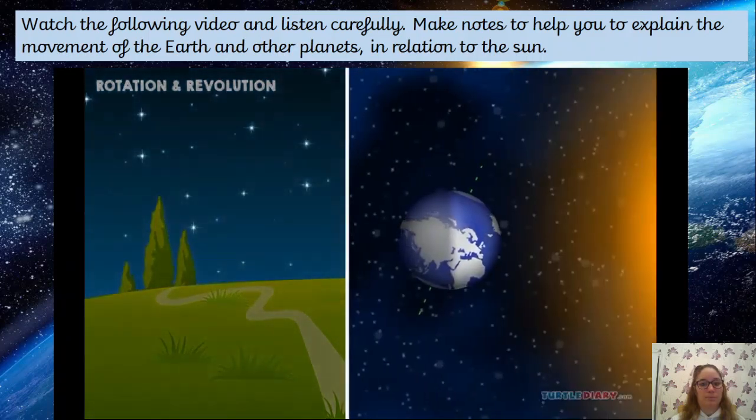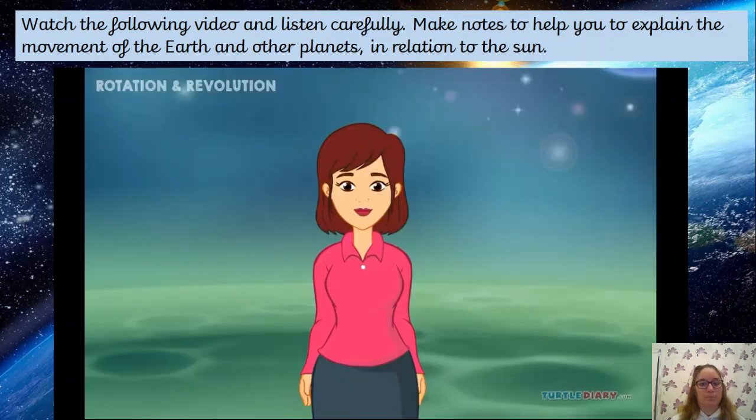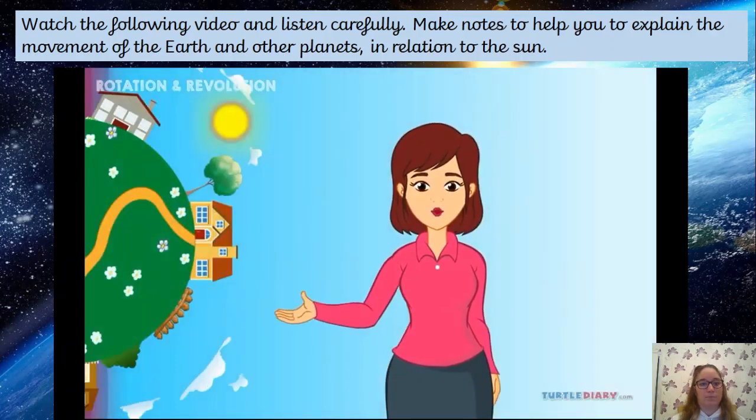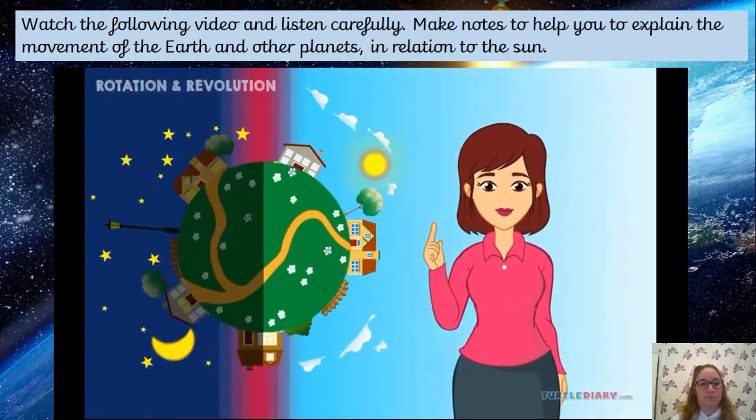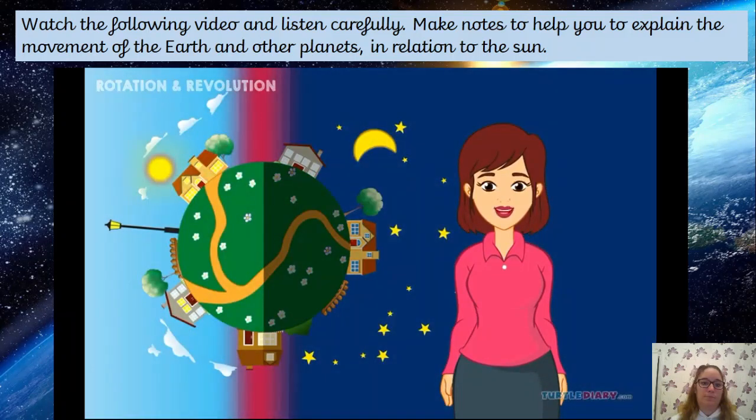Our side of the earth is turning away from the sun. Night is coming. What is happening on the other side of the world when we have day? That's right, the other side of the world is having night. When we have night, they have day.